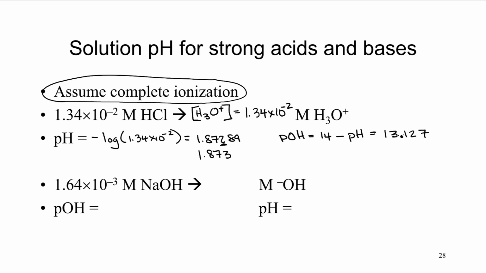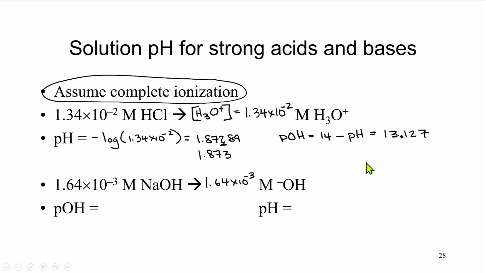For the sodium hydroxide now, sodium hydroxide is a strong base, and so it completely dissociates to form sodium ions and hydroxide ions. So that means the molarity of hydroxide in sodium hydroxide, because it's a strong base, is actually 1.64 times 10 to the minus third.